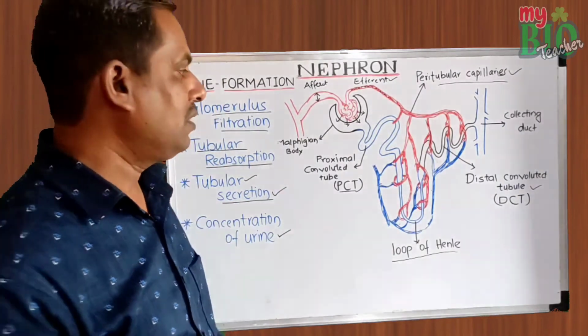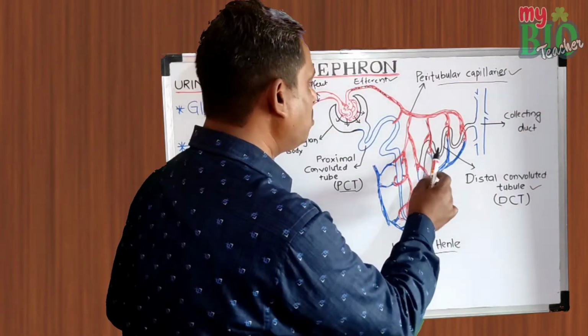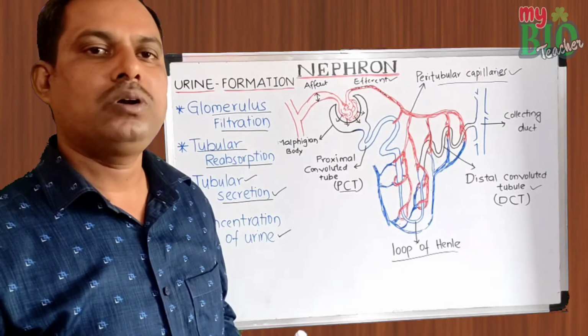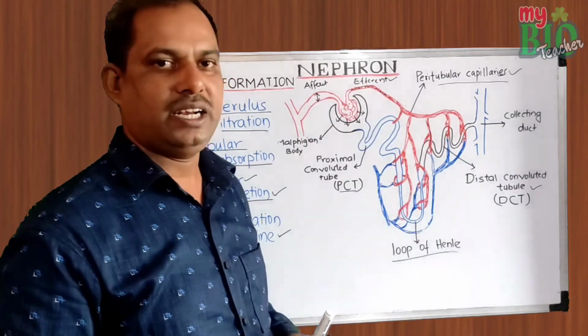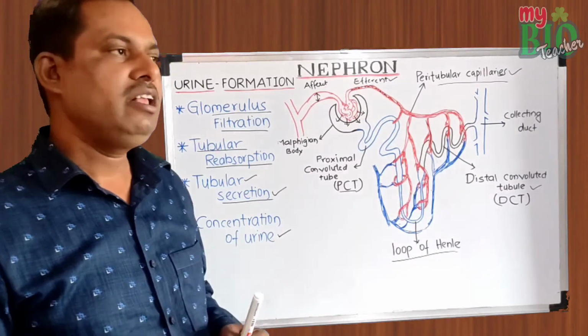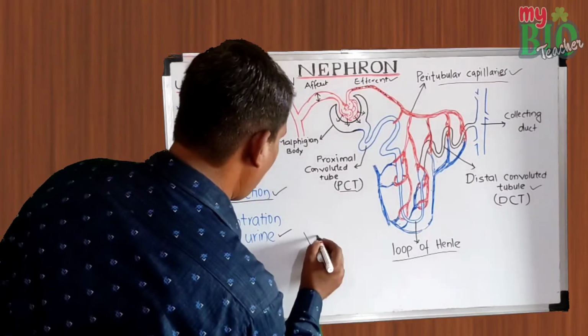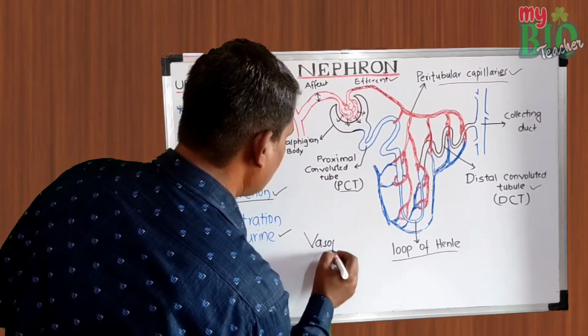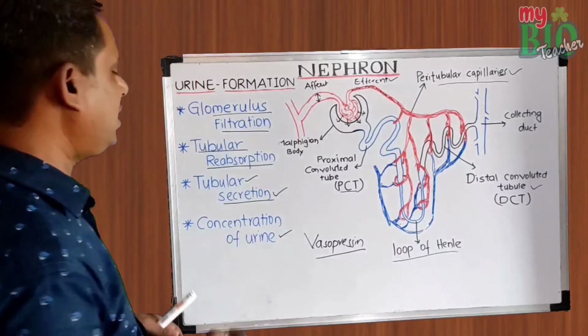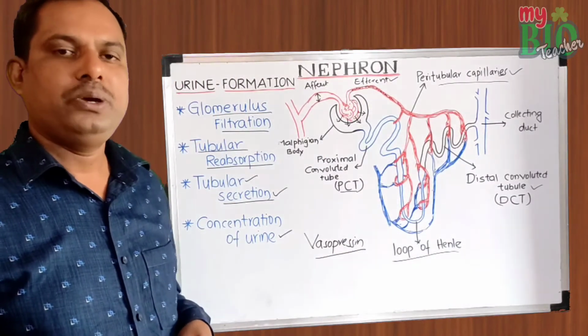Finally, when the primary urine enters the distal convoluted tubule, very little liquid is present. Here there is an important hormone called vasopressin. This vasopressin hormone helps in the concentration of urine.